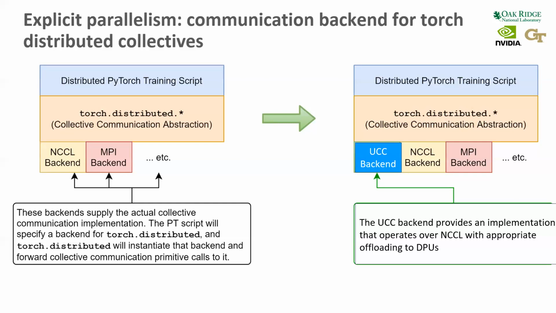This is something that needs to be evaluated a little bit more, but potentially it is another way that we can use the DPUs. The algorithms may not be available yet, at least from UCC per se, but this is something that can be enabled through UCC.